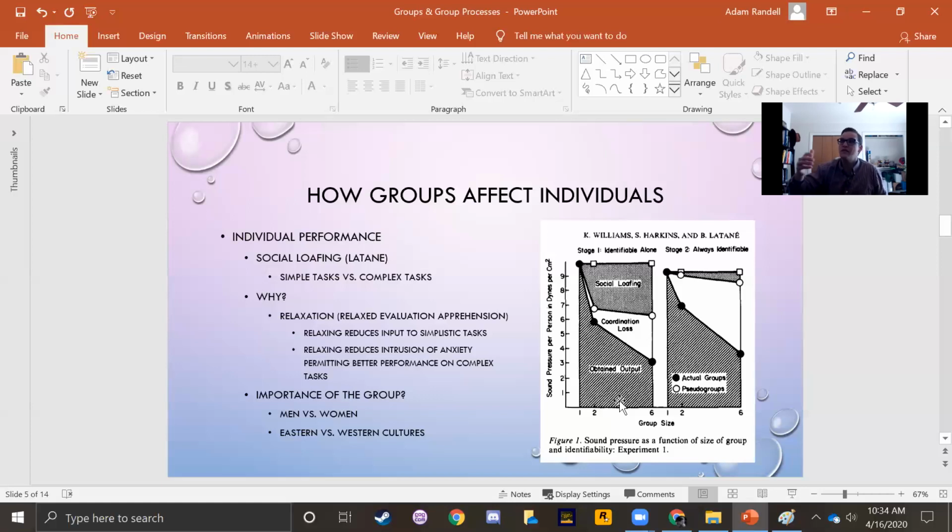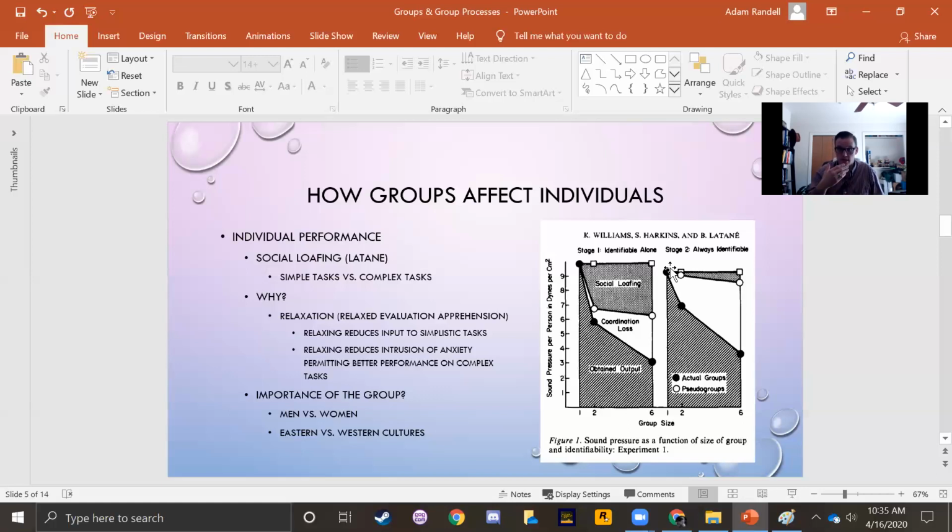But what happens when they are, or when they believe they can be individually identified? That's what we see in these results over here. So they were then given a mic and told that the mic would be able to register their individual contribution. All right. So again, that top line is just made up, right? So this black line, this dot right here in the top left corner, that's real.